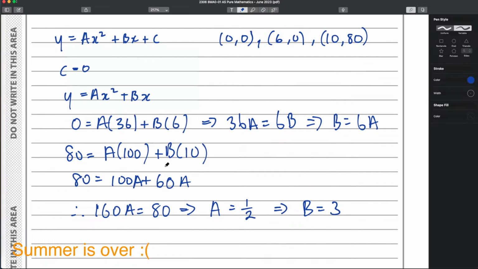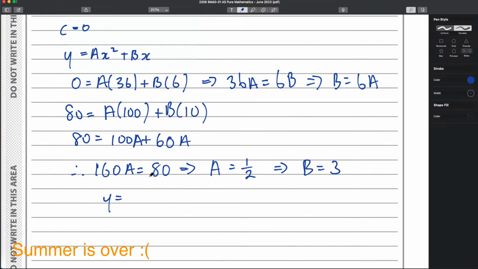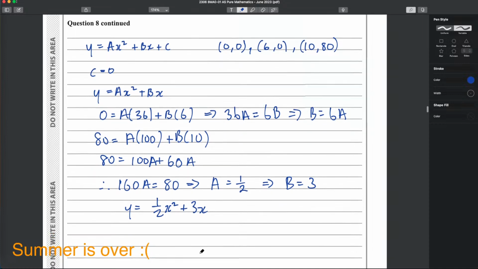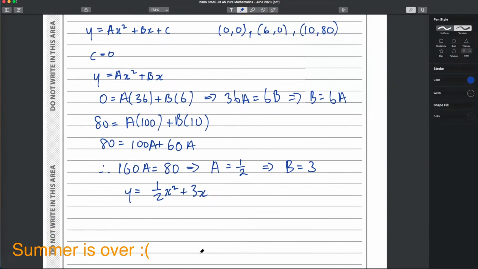Is that right? Maybe. So then we get our quadratic equation, a half x squared plus 3x. Did I do something wrong?